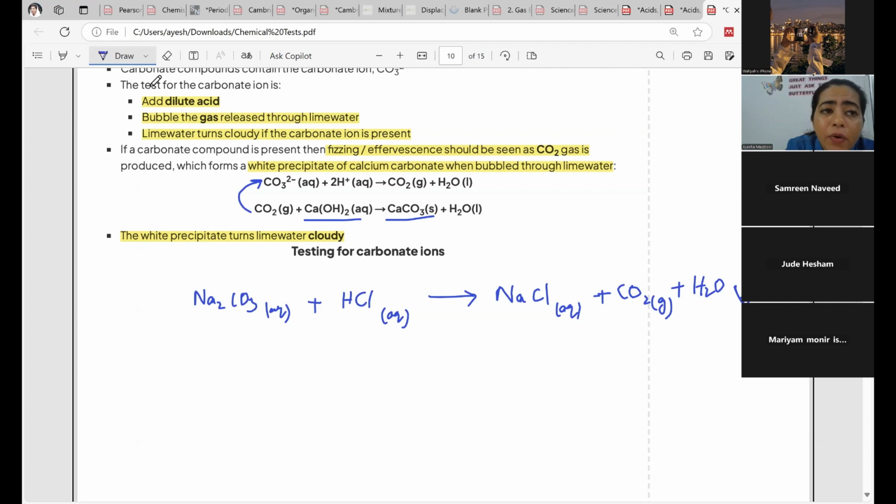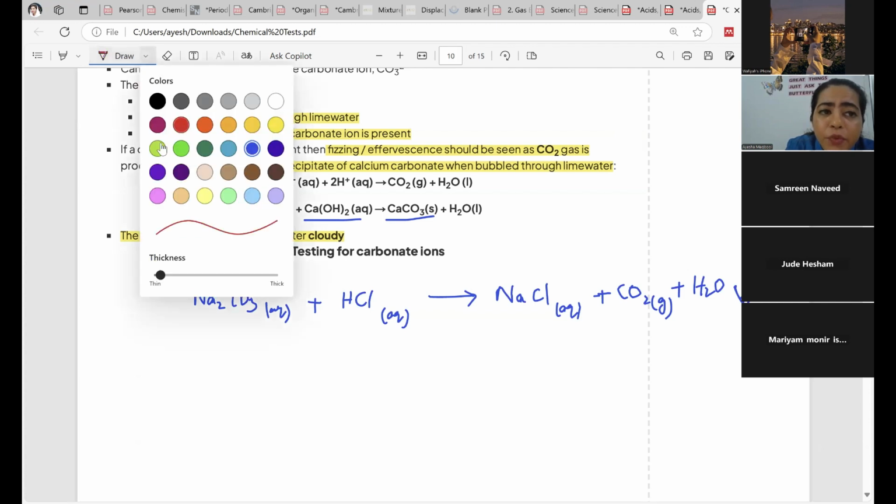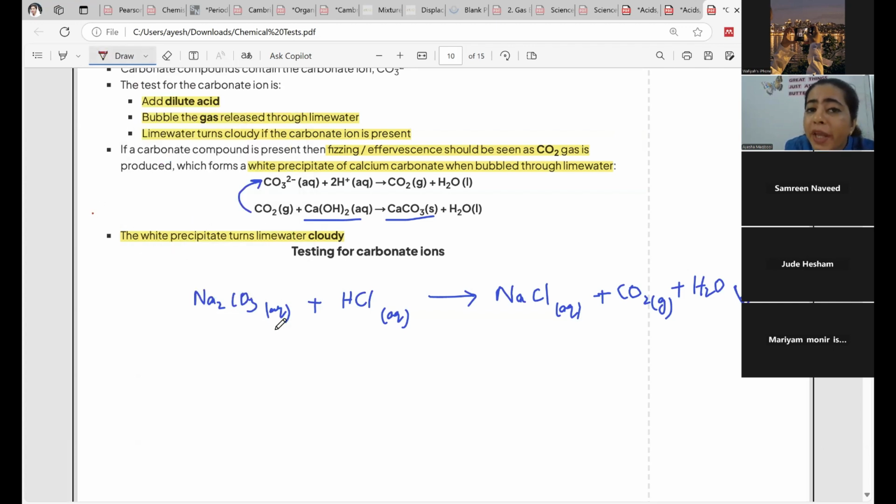Now, to get an ionic equation, we said that we are going to break only those species into ions which are aqueous. Means we can break Na2CO3, HCl, NaCl, that's it. Na2CO3 is giving you two Na positive ions in the form of aqueous.